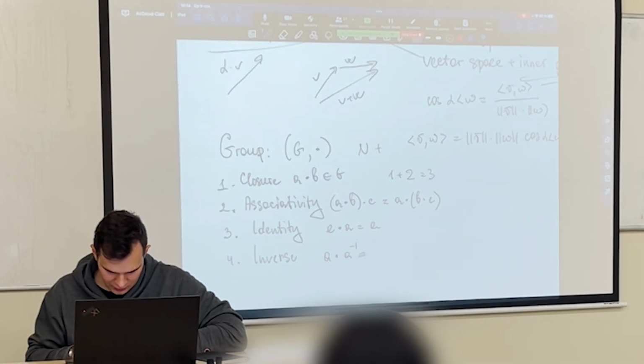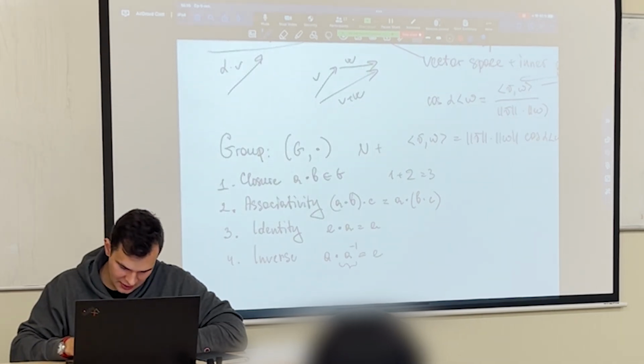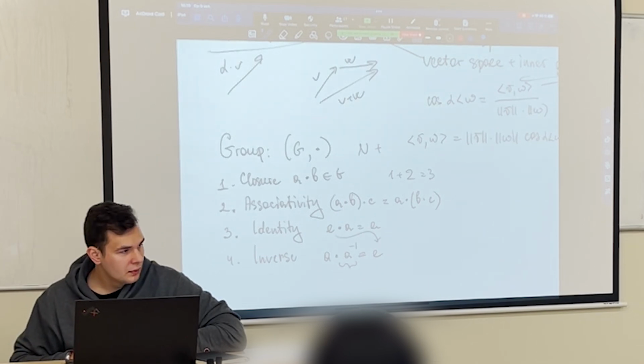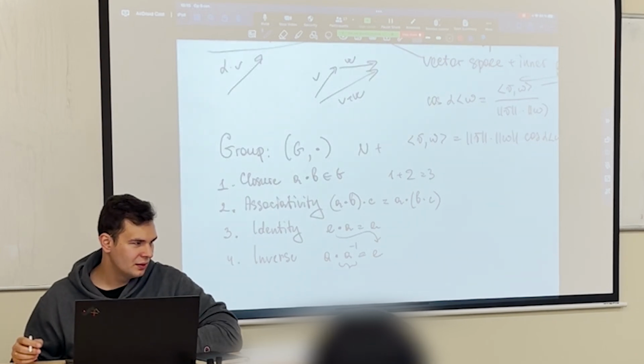Okay. But if we go to the final property, it needs to have some kind of operation, such an element, such that the result will be this identity. And for the natural numbers, it's not the case, because you do not have -1, -2.